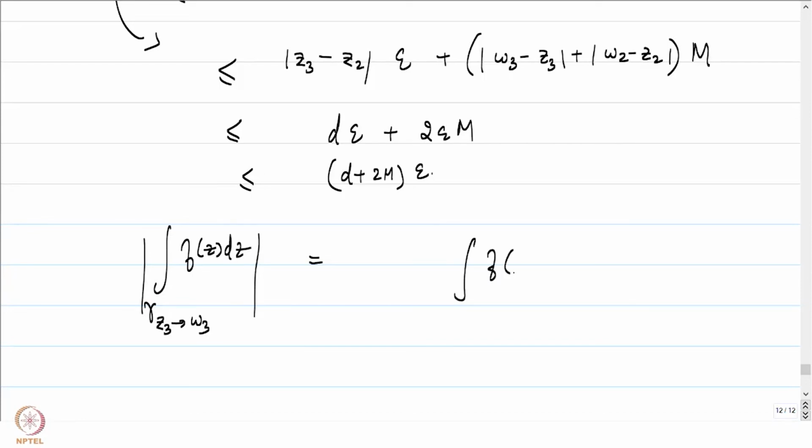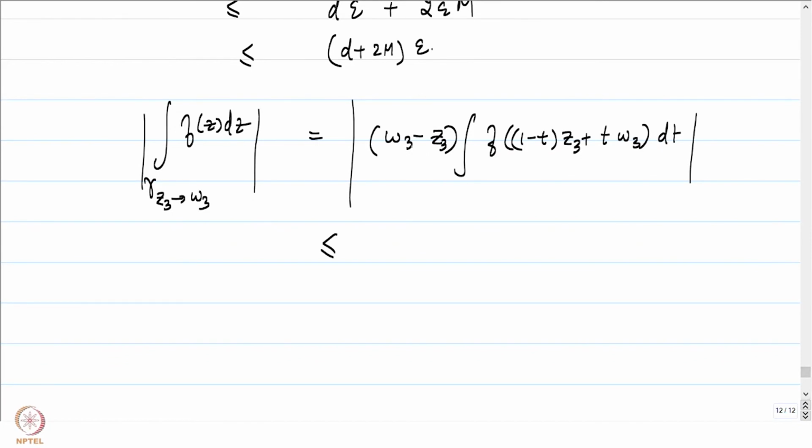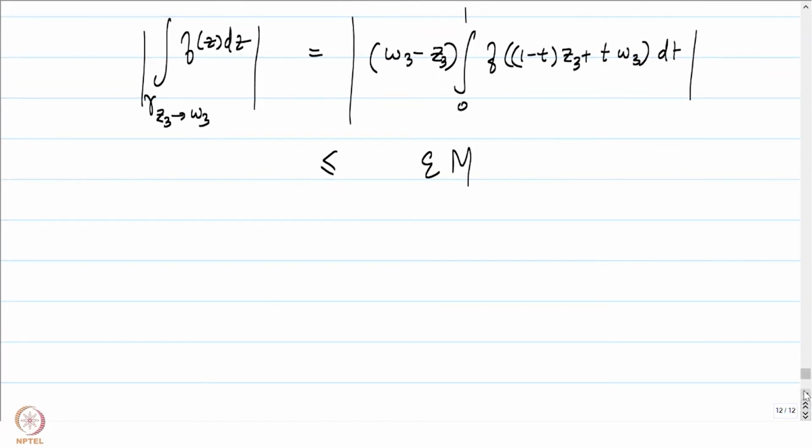It's a curve starting at z3 plus t times w3 dt, and gamma prime t is just going to be equal to w3 minus z3, absolute value of this, and that's going to be less than or equal to w3 minus z3, which is bounded by delta, which is in fact less than epsilon, and the thing inside the integral will be bounded by m, and therefore the entire integral of f over T is less than or equal to some constant times epsilon.